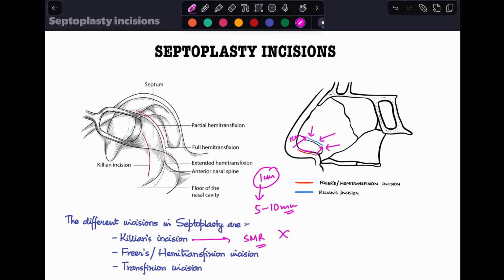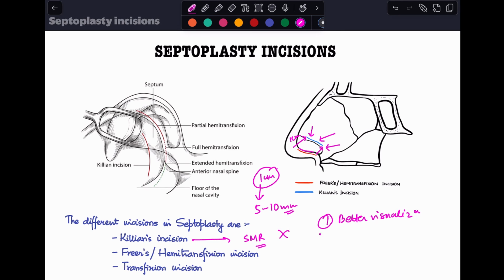So, why is Killian's incision preferred on the concave side of the septum? You can even perform it on the convex side. It depends on your preference. But usually it is done on the concave side of the deviation because, number one, it gives you better visualization while you're elevating the flap.